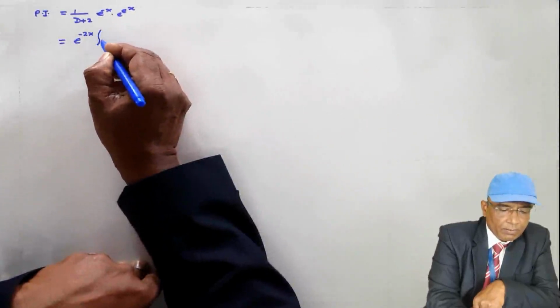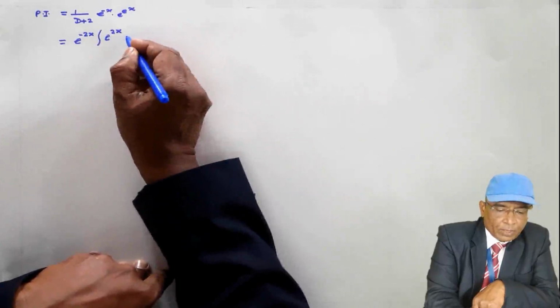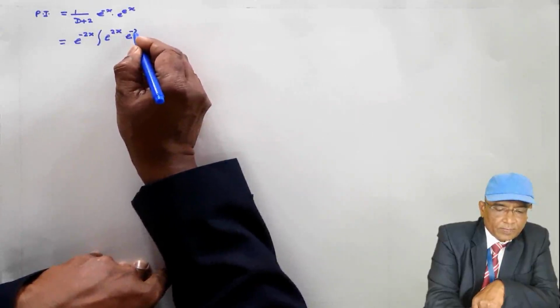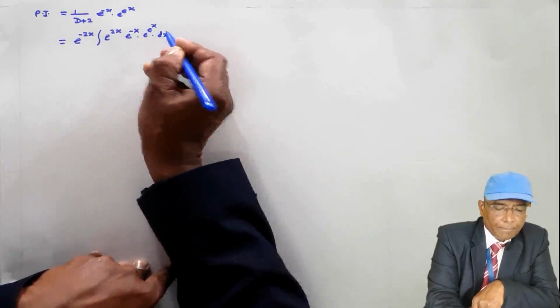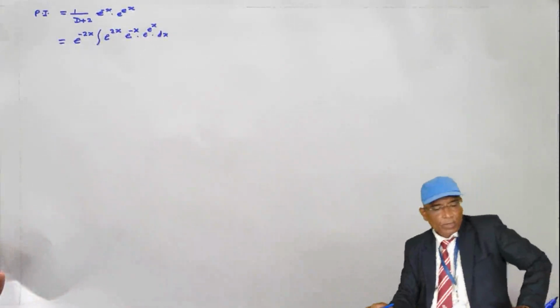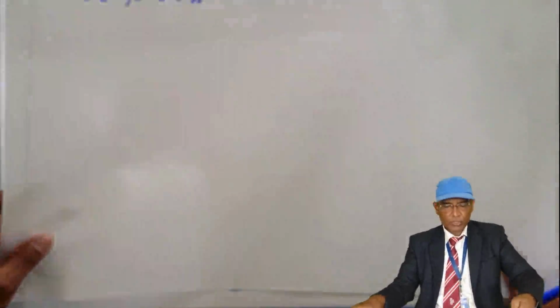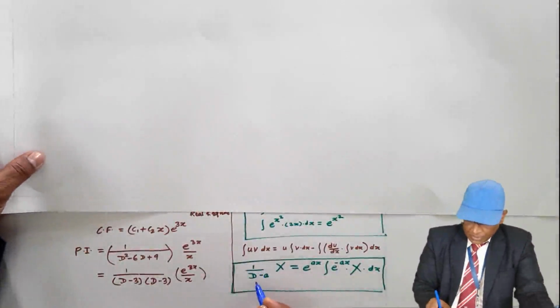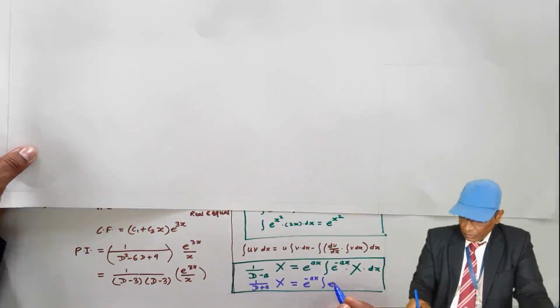integral e to the power 2x, due to this 2, times e raised to power minus x and e to the power x. For 1 by D plus 2, this is the formula I am using: 1 by D plus a can be written in terms of a as e to the power minus ax integral e to the power ax into x dx.